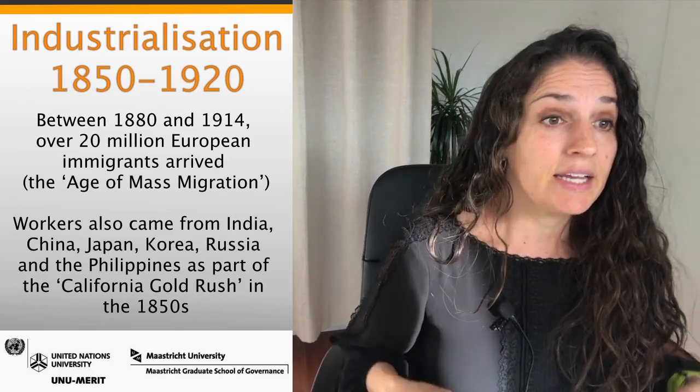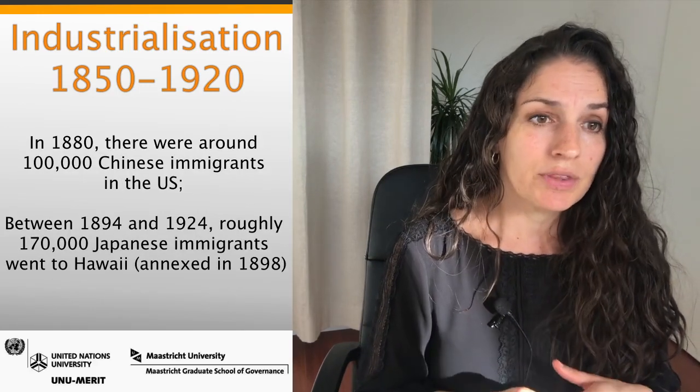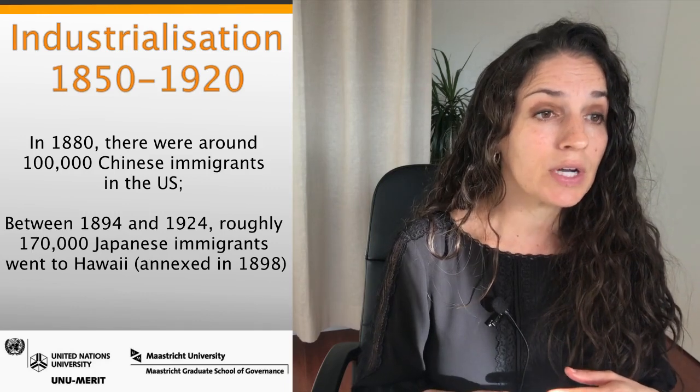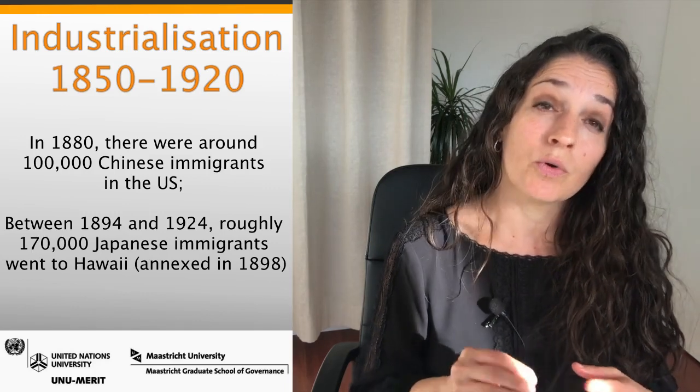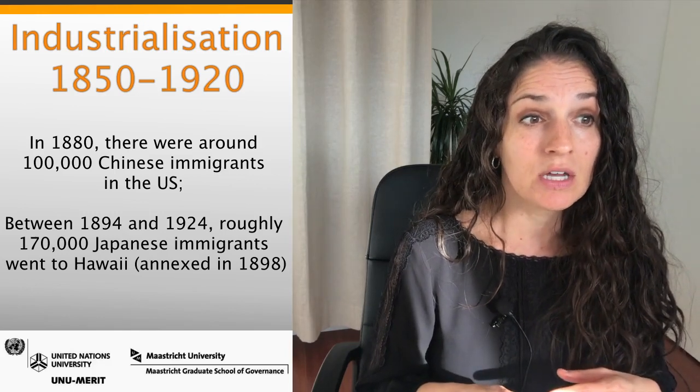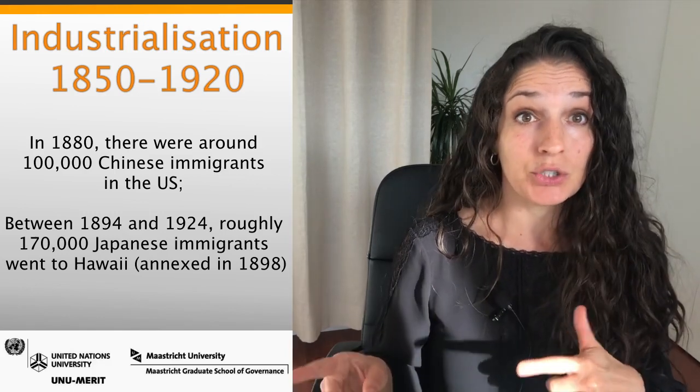Around 1880, there were around 100,000 Chinese immigrants in the US, and between 1894 and 1924, roughly 170,000 immigrants from Japan went to Hawaii.